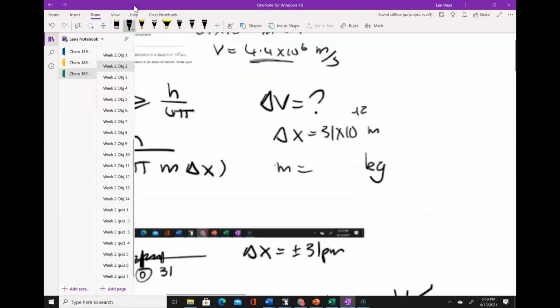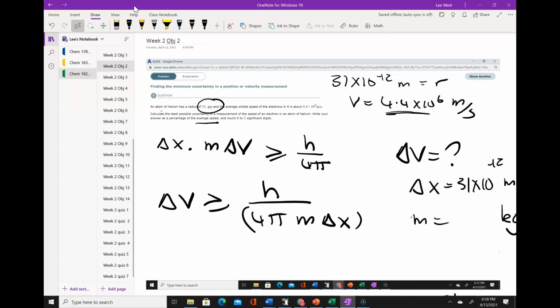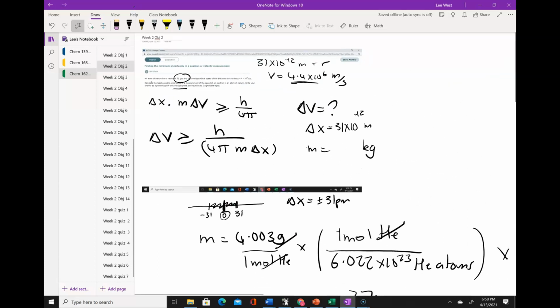So let's have a look at that. What did we do? An atom of helium has a radius of 31 picometers. What we realized is that that means that the uncertainty about its position is plus or minus 31 picometers. It's somewhere in this range, isn't it? You can't put an exact number on it.